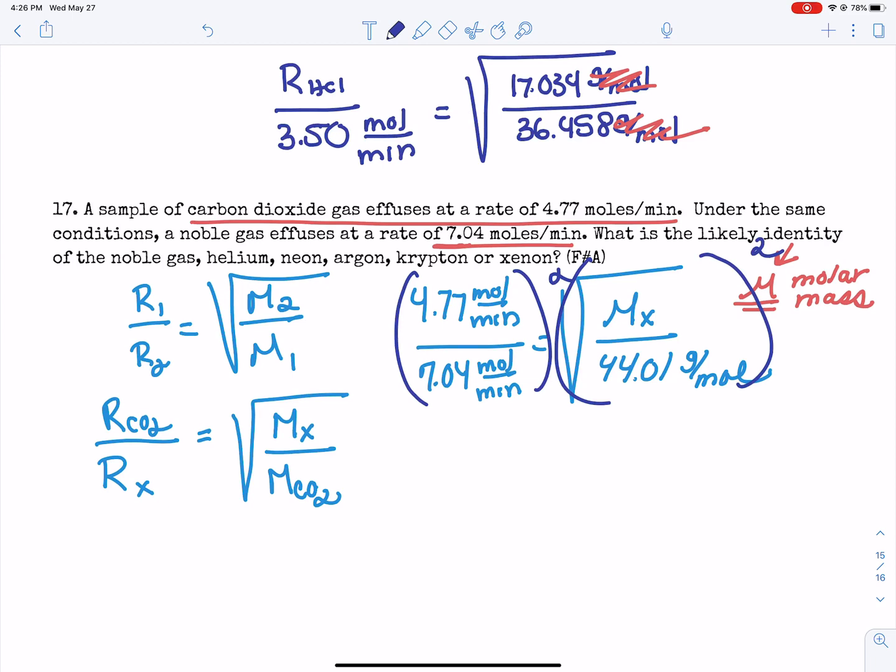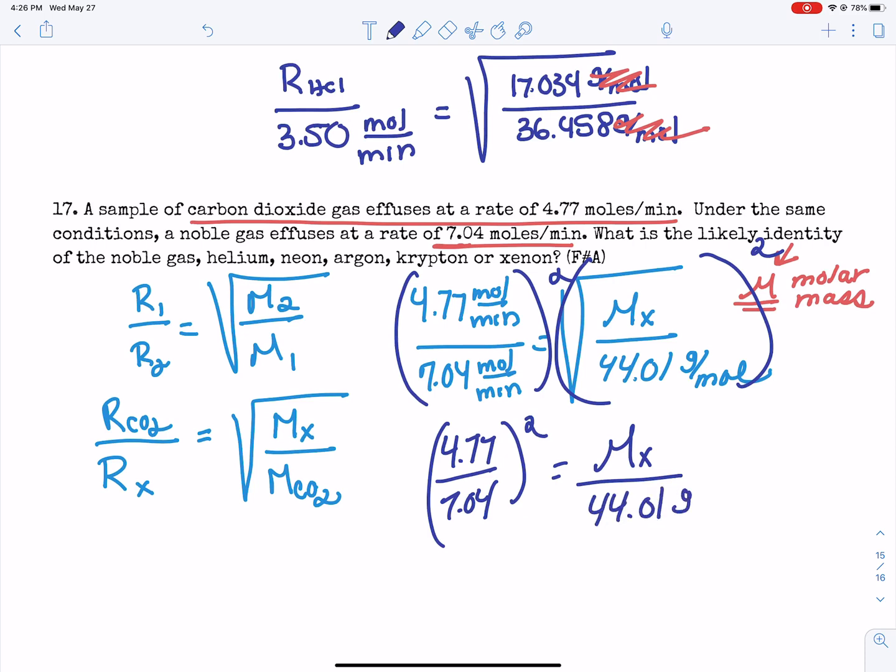So when I square both sides, 4.77 over 7.04 squared equals the molar mass of compound X over 44.01 grams per mole, right? Divide, square it, multiply by 44.01, and you get 20.2 grams per mole as the molar mass of compound X, and that must mean it must be neon.